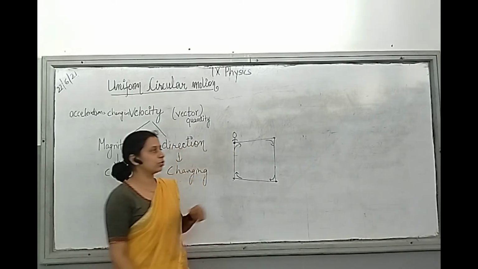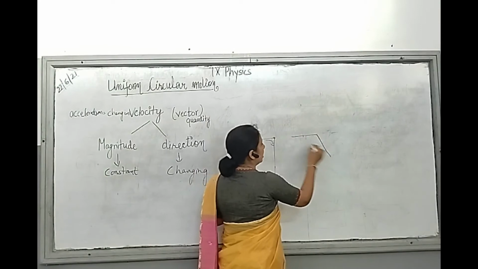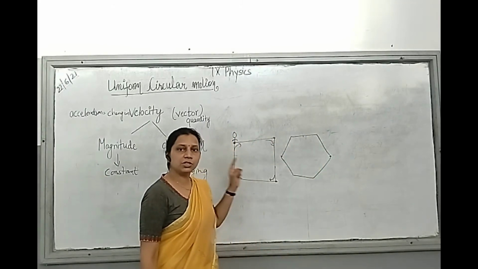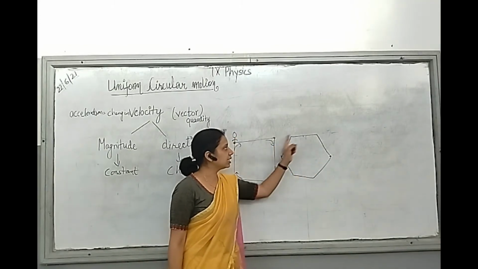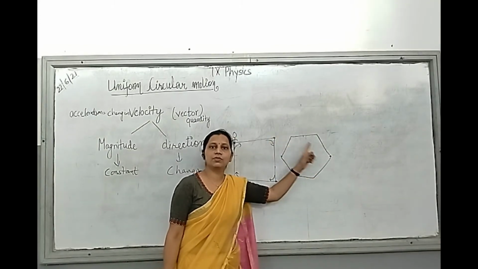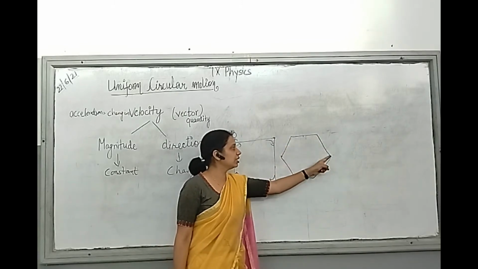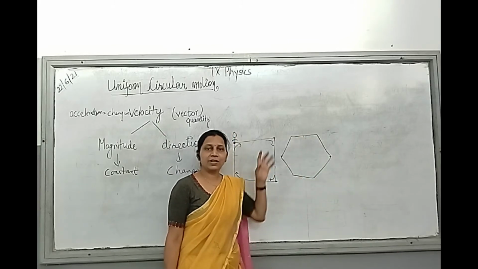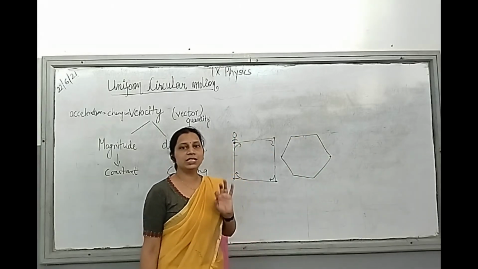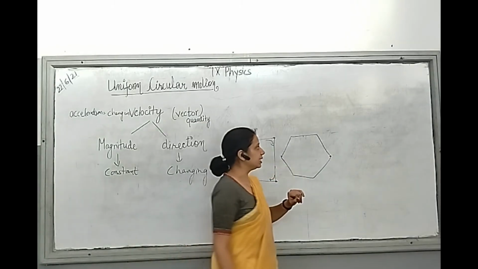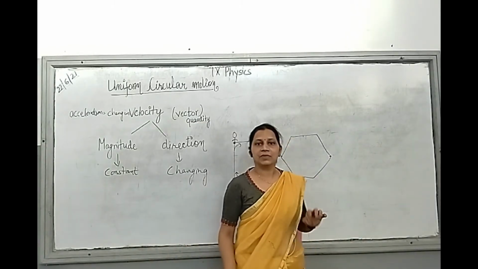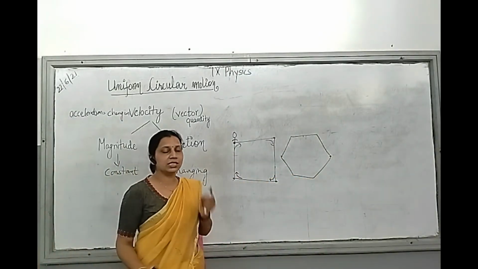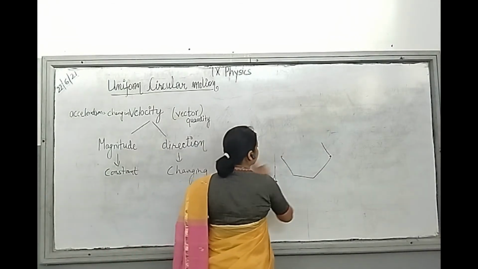Let's say if I increase the corners, and instead of this, I have a hexagon. Now you have 6 corners. So the boy has to accelerate at 6 points, though he is moving with constant speed over this hexagon. If I keep on increasing the points, let's say I have 10 sides, then at 10 points he will accelerate. So if I keep on increasing the corners, in the end what I will get is a circle.